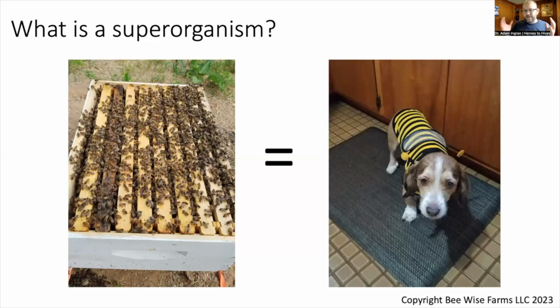Every bee in that colony, whether it's a drone, a worker, or the queen, has their responsibilities and duties, and all of them function together for the betterment of the colony, the proliferation of the superorganism. So it is essentially a 20 to 30 pound animal that you're working with.